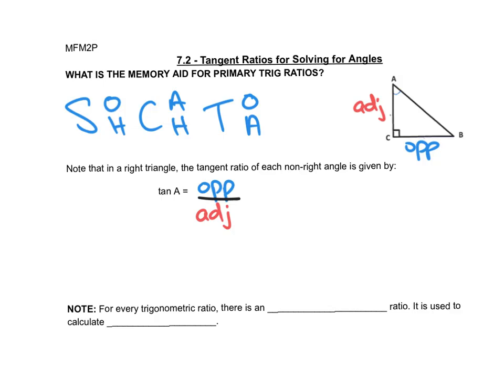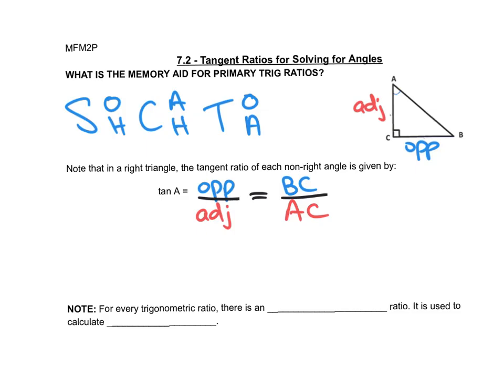Which, if we're going to label the sides, would be BC over AC. And so that's how you could label those sides.